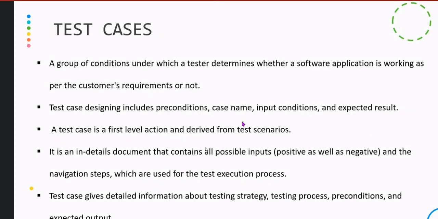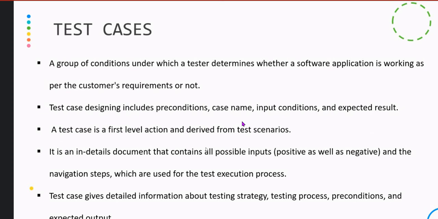Now, test cases. Test cases, as I told you, come under test scenarios. A test case is a group of conditions under which the tester determines whether the software application is working as per the customer's requirement or not.